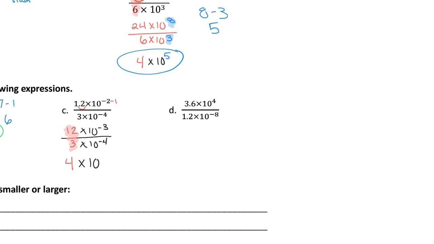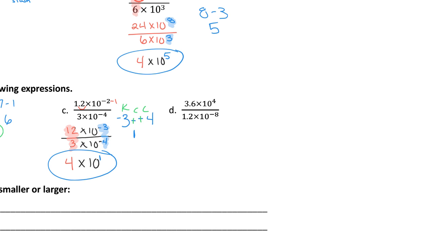And then we subtract our exponents, which we get negative 3 minus negative 4. And remember, we have to do keep, change. So now it's negative 3 plus 4, which actually gives us a positive 1. So then my answer is just this. Okay, if you want to write that 1, that's fine too.